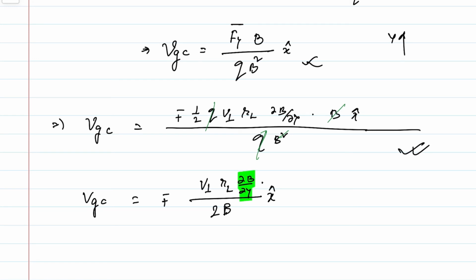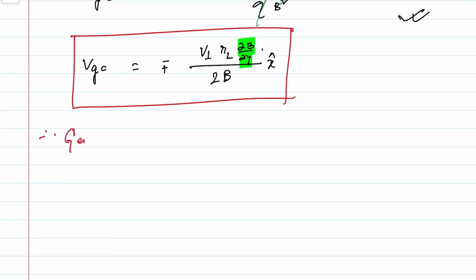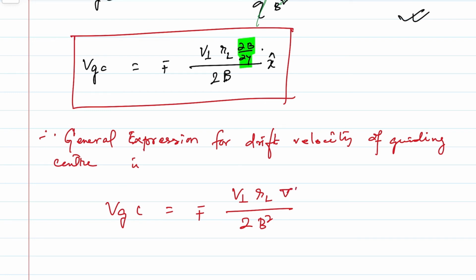In the general form, the drift velocity of the guiding center is given by v_gc equals minus plus v perpendicular rl by twice B square, grad B cross B. So we can write like this. This is the general form.